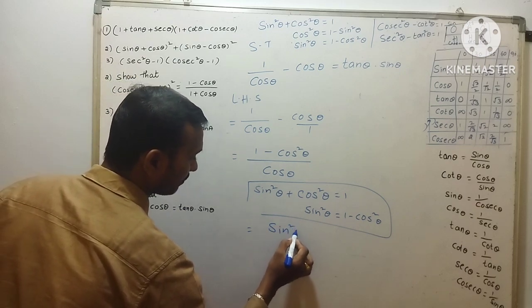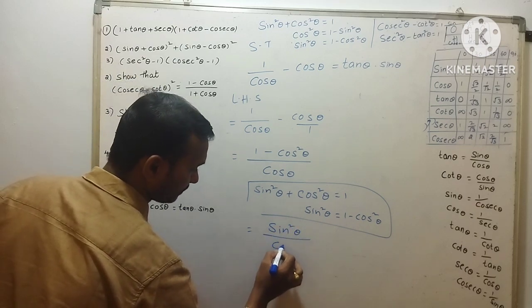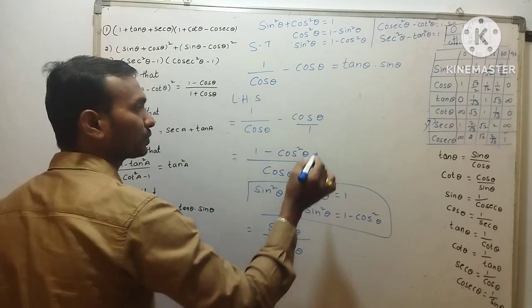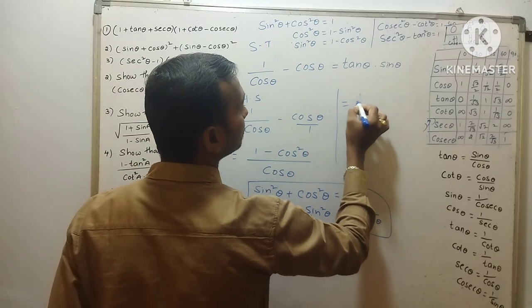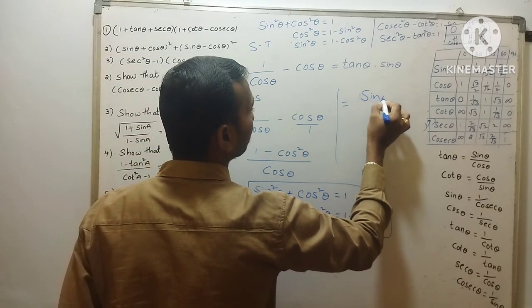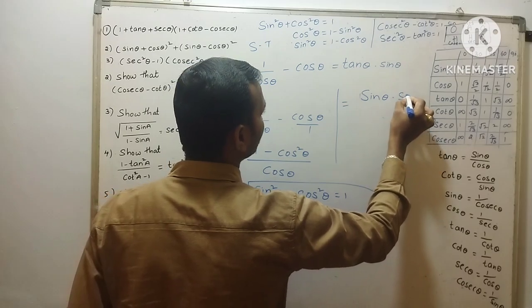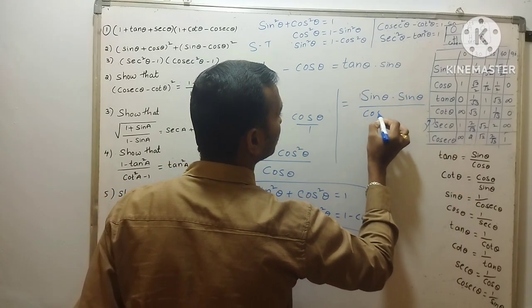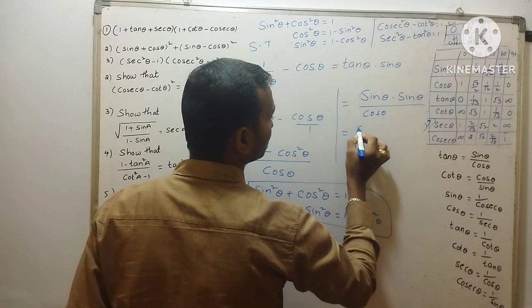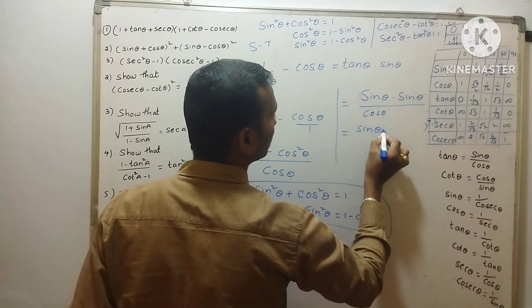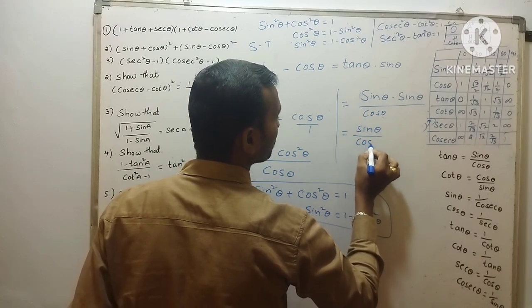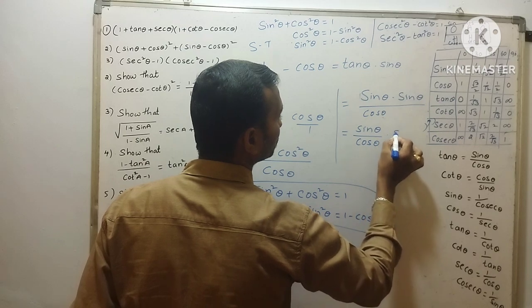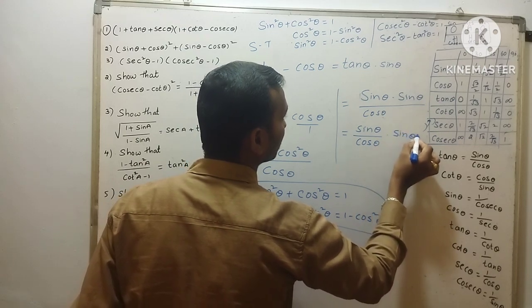Sin square theta by cos theta. So sin square is nothing but sin theta into sin theta by cos theta. So we can write this as sin theta by cos theta into sin theta.